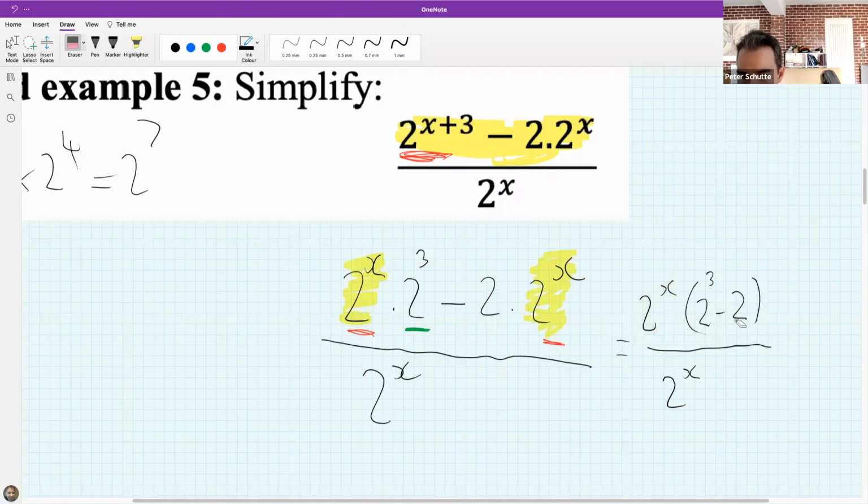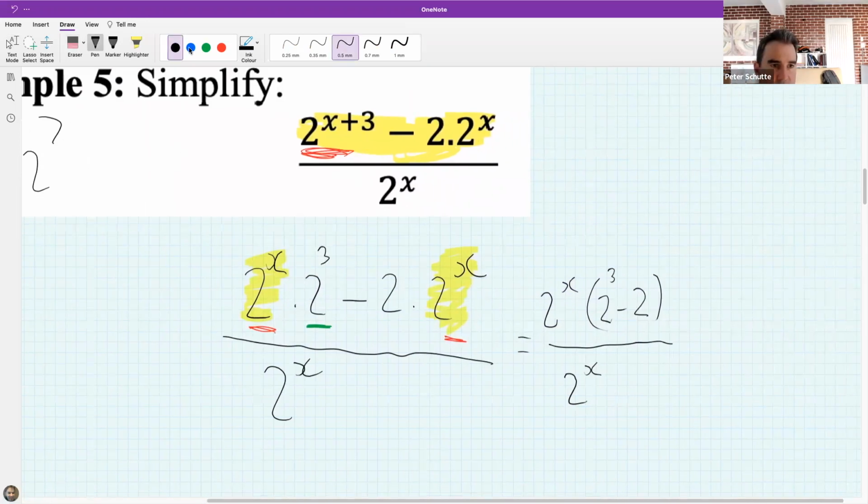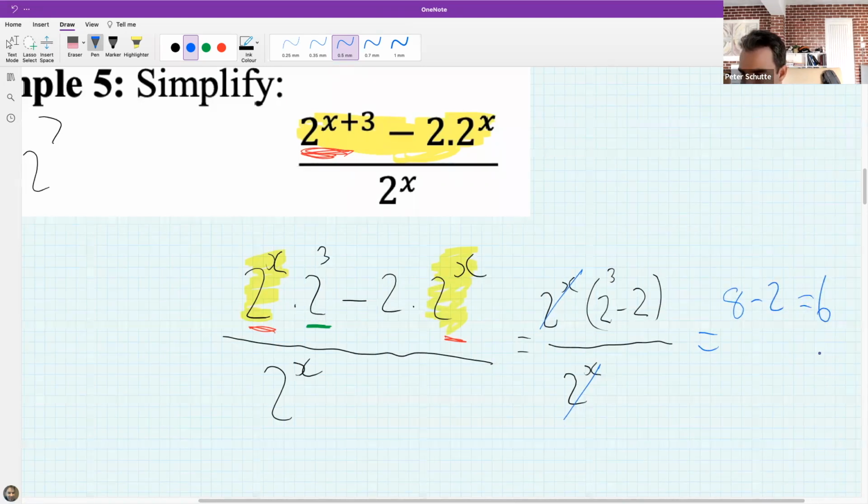And then the other part of the bracket is here. Now what I can do is the following. If I see 2 to the x over 2 to the x, anything over itself is 1. So that cancels out. And then what is 2 to the 3? It's just going to be 8. And what's 8 minus 2? It's just going to be 6.